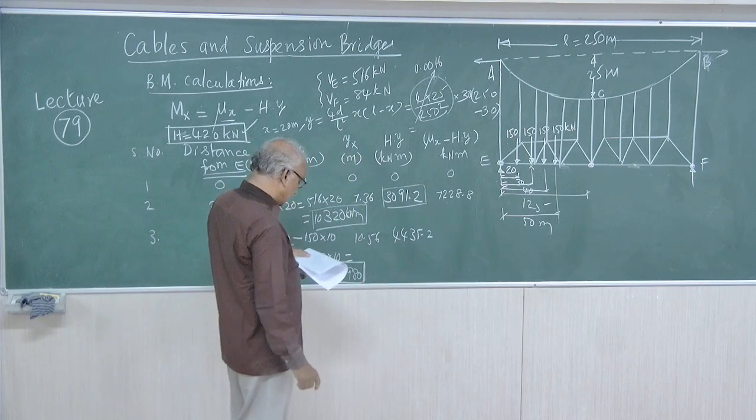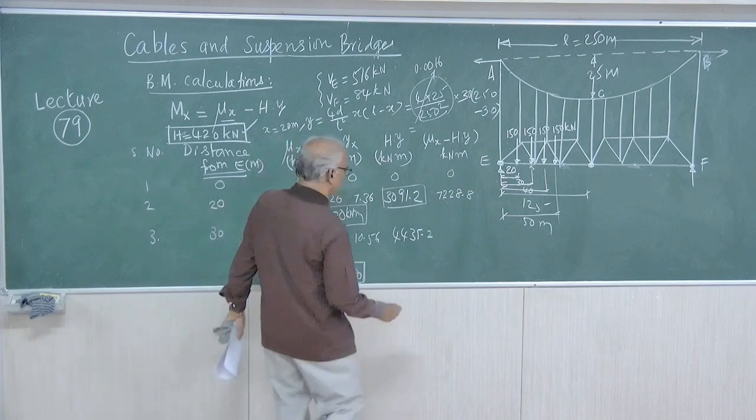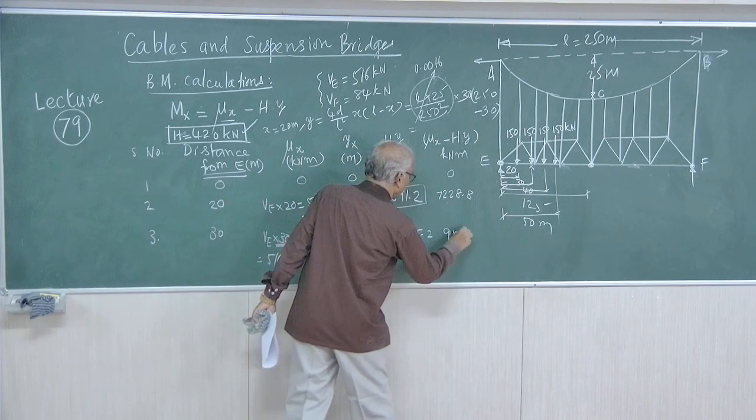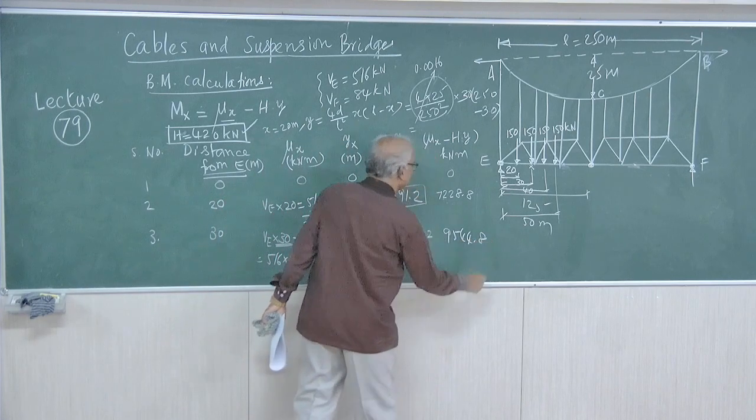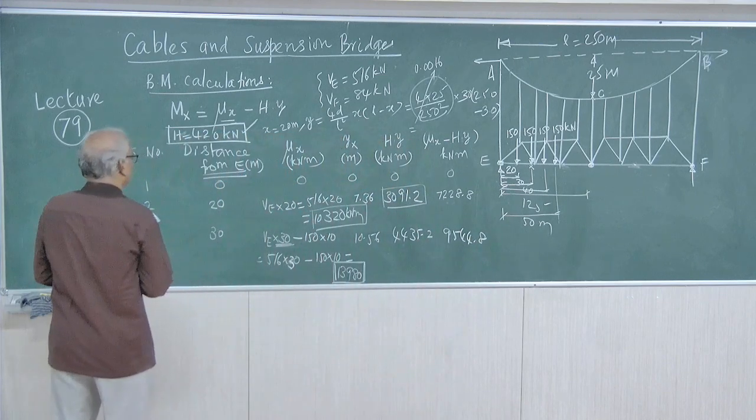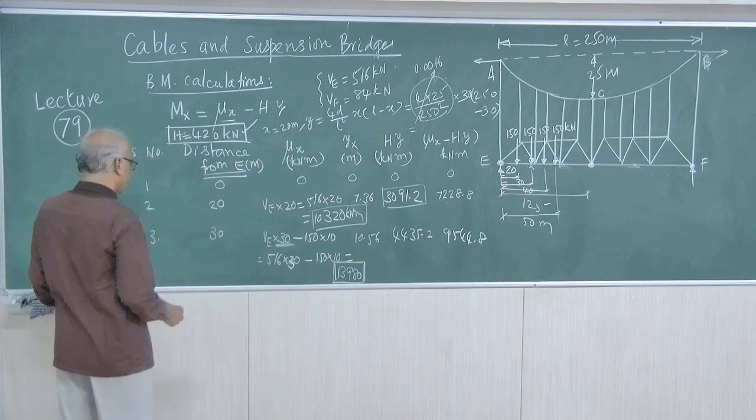The net value is equal to 9544.8. These are the three values.